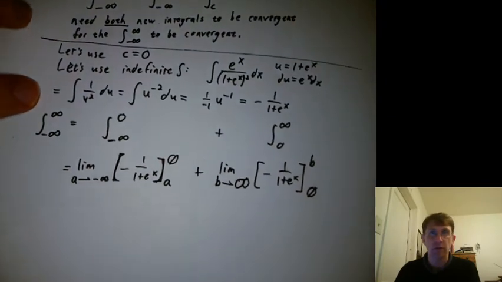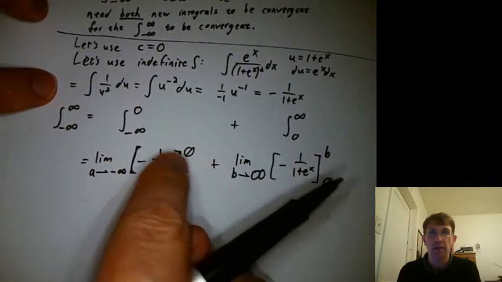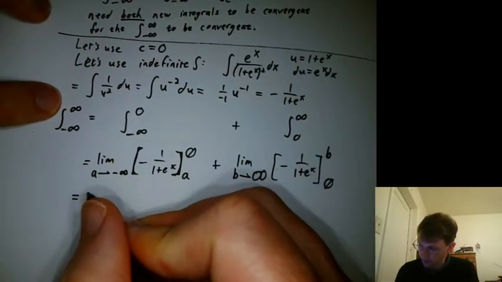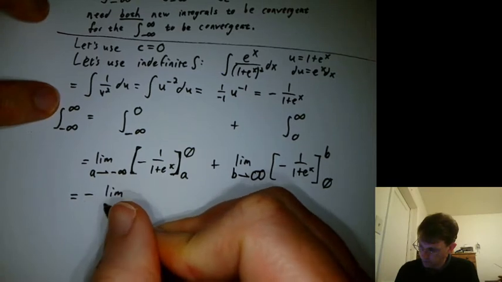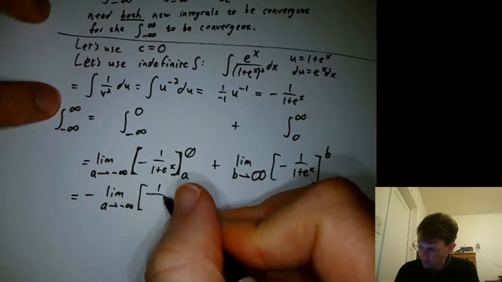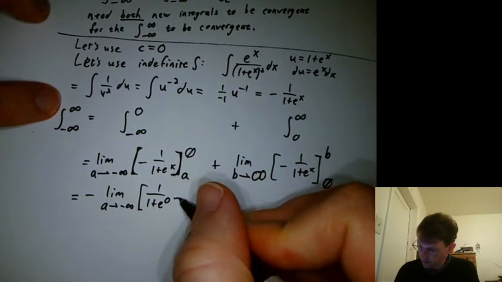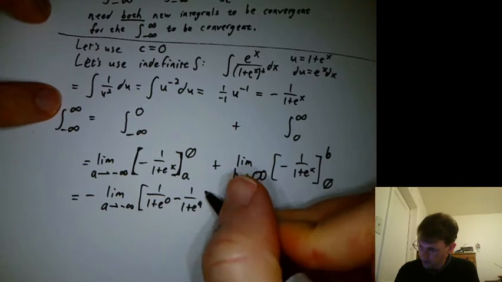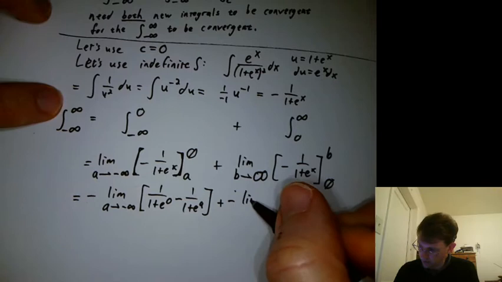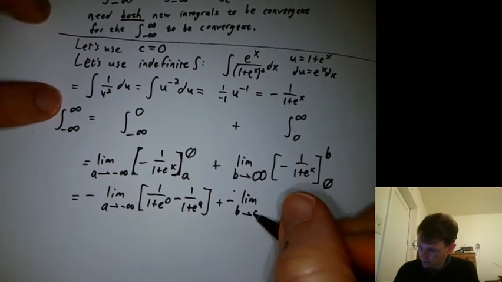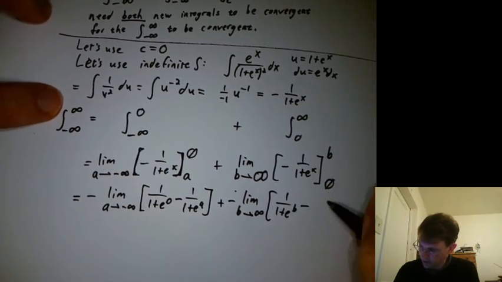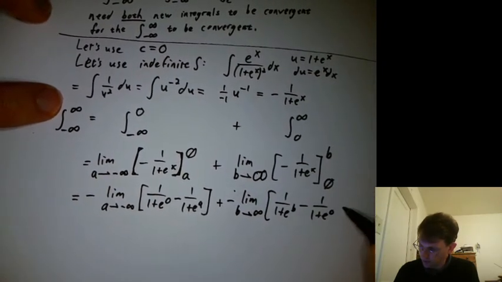Just try plugging in the 0 and the a. We can move this minus out in front. So limit as a goes to minus infinity, plug in the 0, you get 1 over 1 plus e to the 0 minus 1 over 1 plus e to the a. Move the minus out front here. Plug in the b, you get 1 over 1 plus e to the b minus 1 over 1 plus e to the 0.